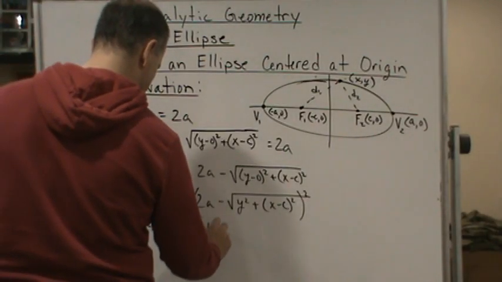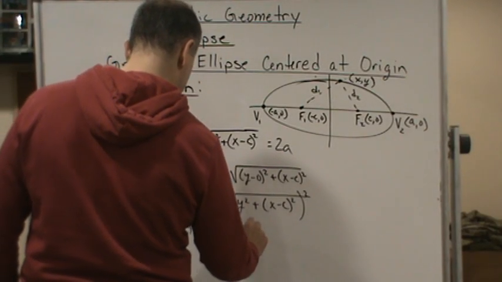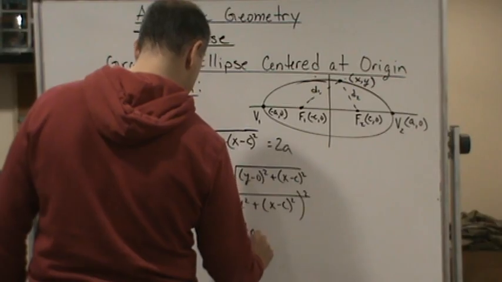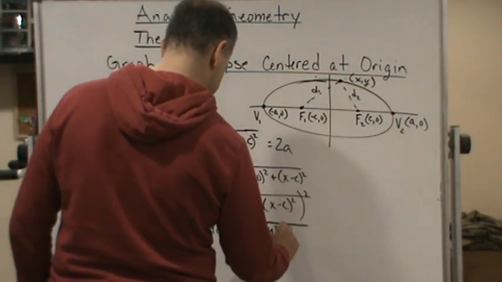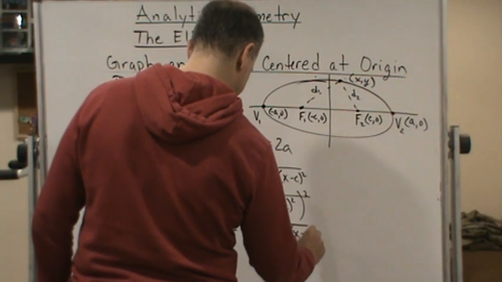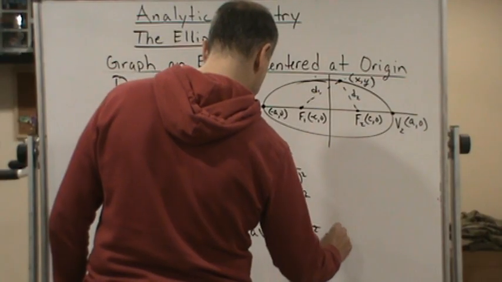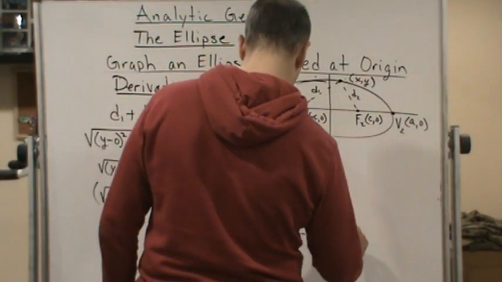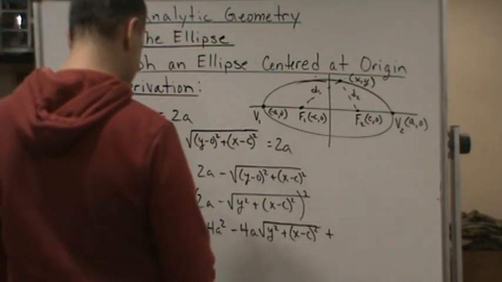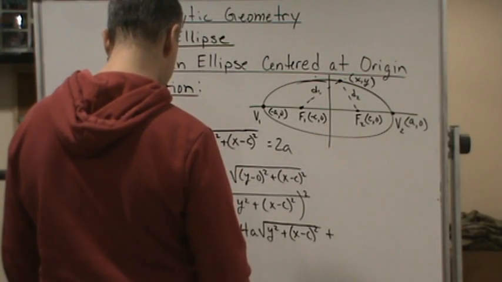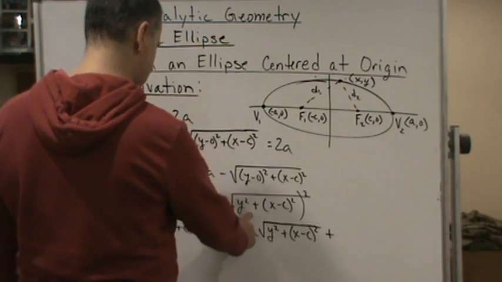So this is going to be 4a squared minus 4a times the square root of y squared plus the quantity x minus c squared, and then plus, hold on a second here, yeah, plus, and then this is going to be squared, right?